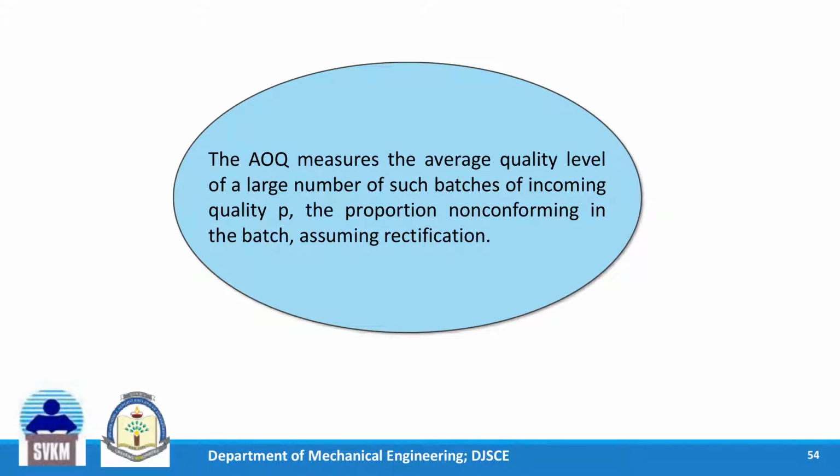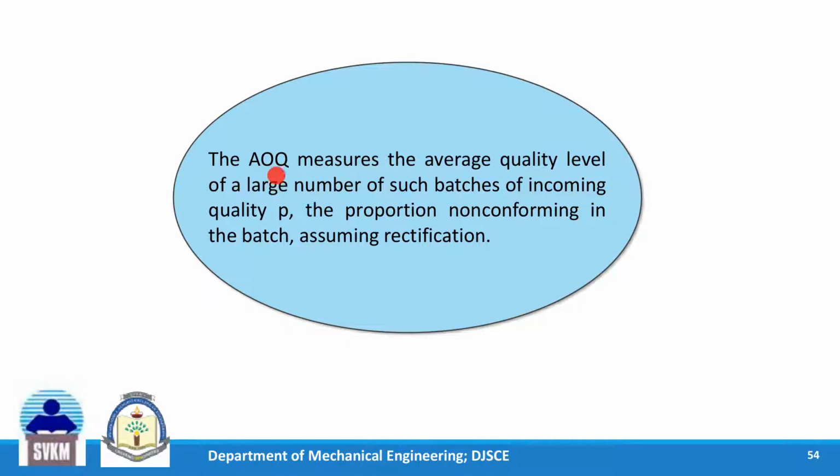The AOQ measures the average quality level of a number of such batches of incoming quality P, the proportion non-conforming in the batch. What is that P? P is the fraction defective in the incoming batches, assuming rectification. This is very important.